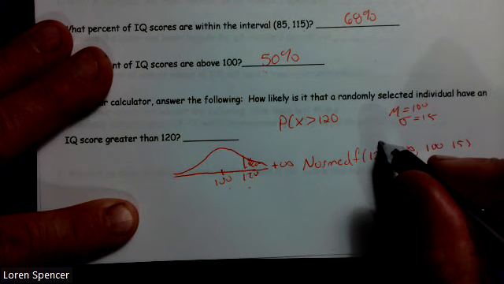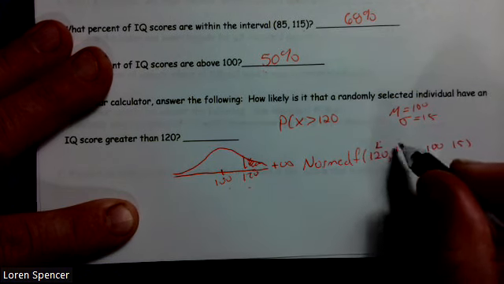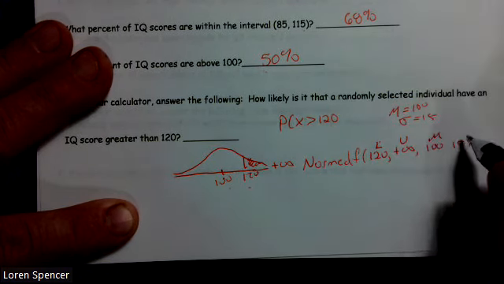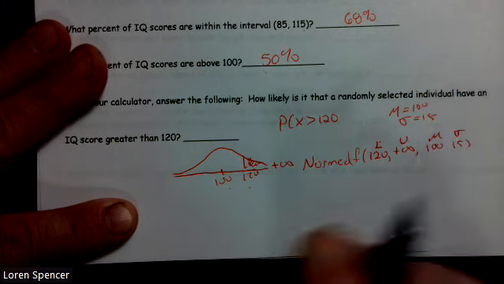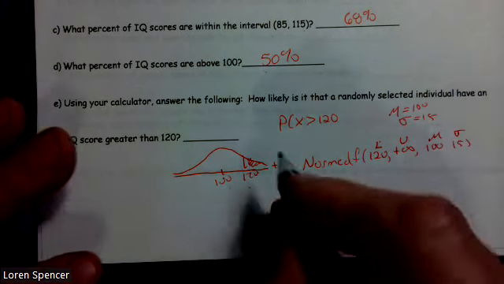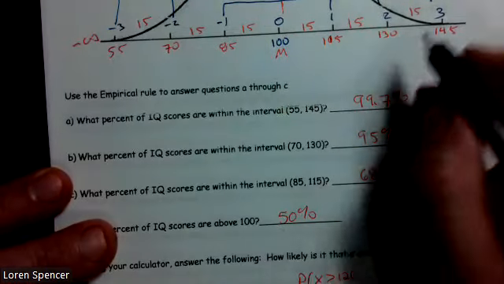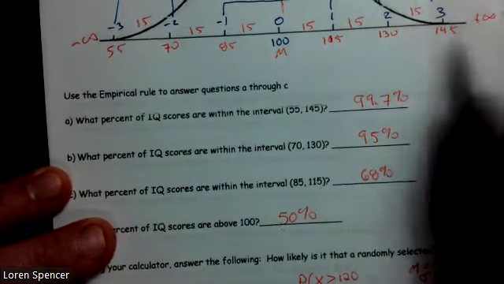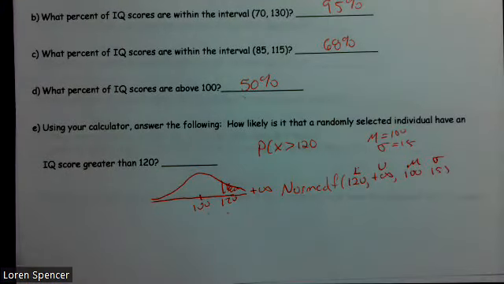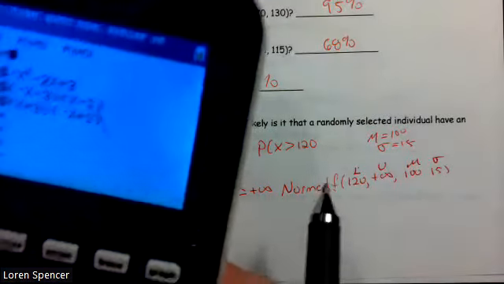So lower, upper, mean, standard deviation. And I'm going to go ahead and add the negative infinity and the positive infinity to my drawing up there that I left off. So going to the calculator, we're going to go to second vars.